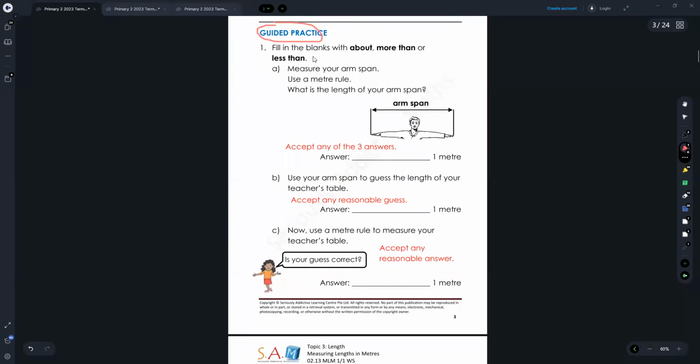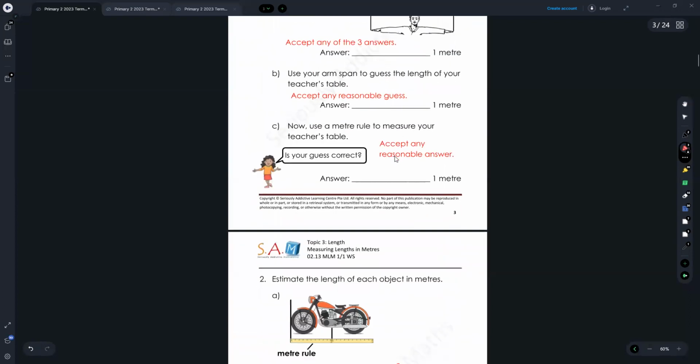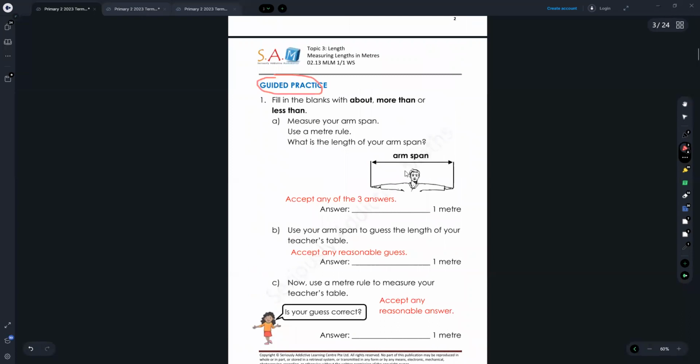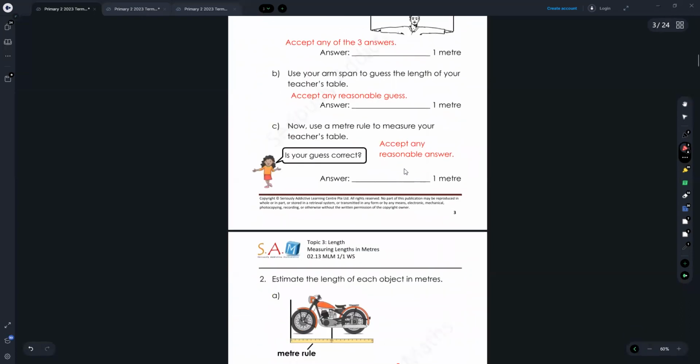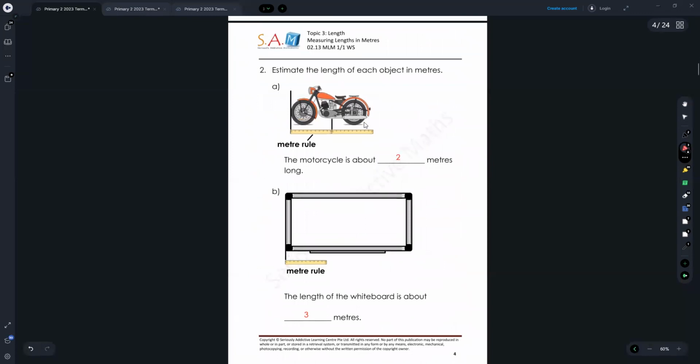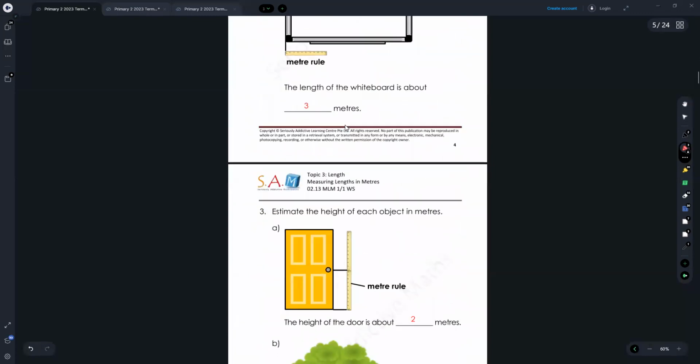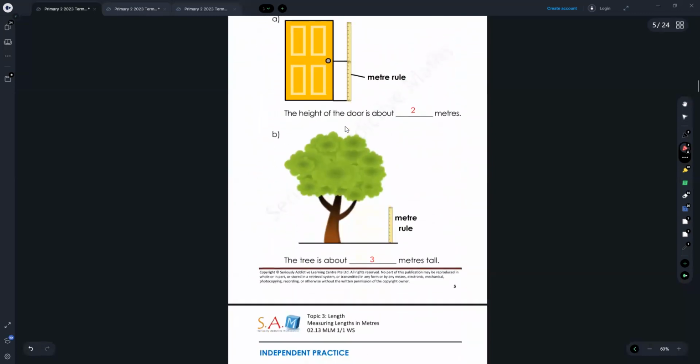Then get them to do 3 guided practice here. For this, accept any of the 3 answers, any reasonable guess. So this is just an estimate. Most of them are about 1 meter. For a question like this, make sure that they can do it on their own.